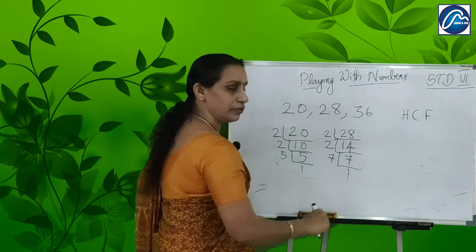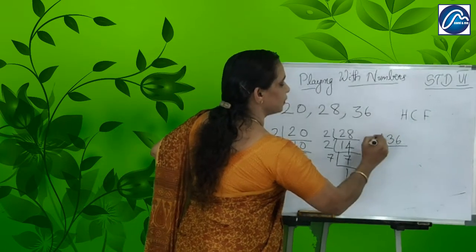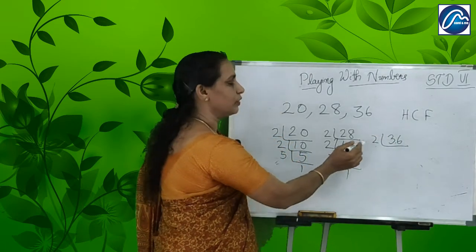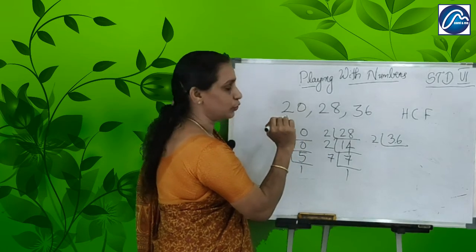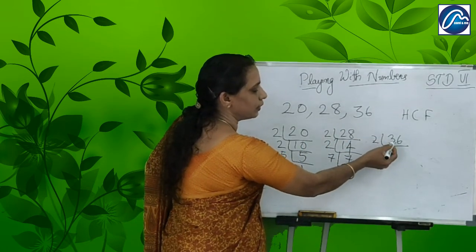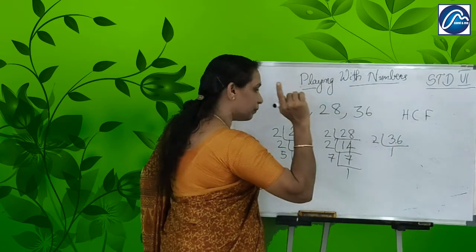1 7 is there. And 36, 2, because it is an even number, so we know it is divisible by 2, half of this. Or you can do it like this: 3, how many 2s are there in 3? 1 2 is 2 and remainder 1.